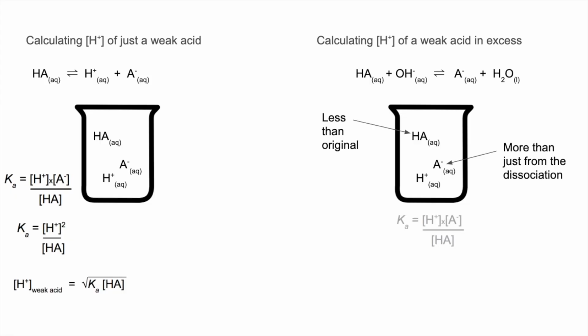So we're still going to use the Ka expression for a weak acid, but we can't use the same method as when the weak acid's by itself because of what we've said here. So these aren't equal to each other because A minus is a product of the reaction, the salt being formed in the reaction, and the original concentration of the acid's gone down quite a bit actually because it's reacted with the OH minus ions. And obviously to get the H plus concentration we rearrange like that.